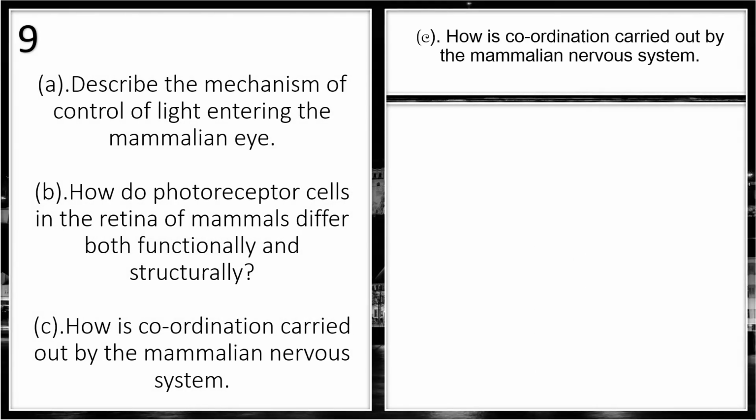Part C. How is coordination carried out by the mammalian nervous system?